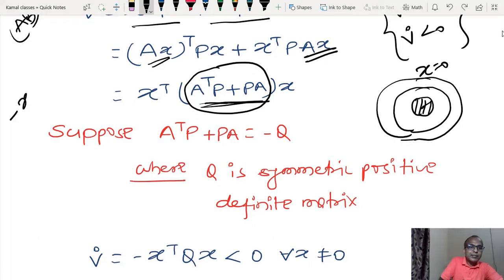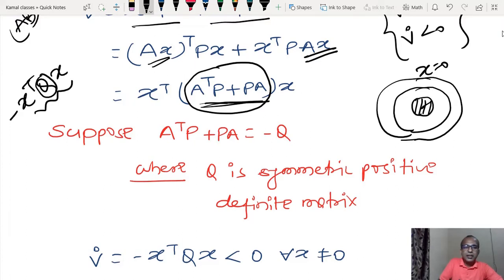I have something like X transpose Q into X, and if Q is symmetric positive definite, then, Nidhi, could you please comment on X transpose QX? What can I say about X transpose QX? First you can leave the negative sign.